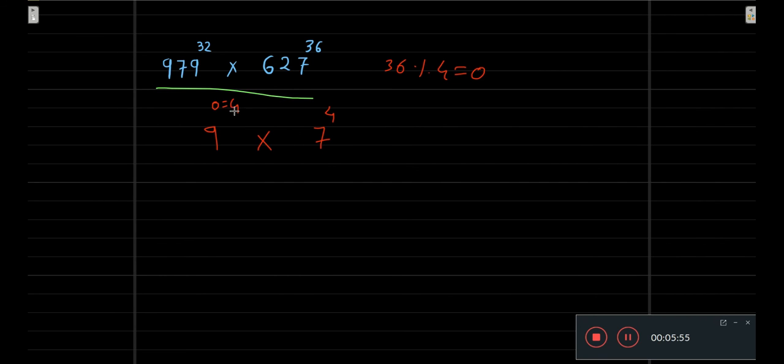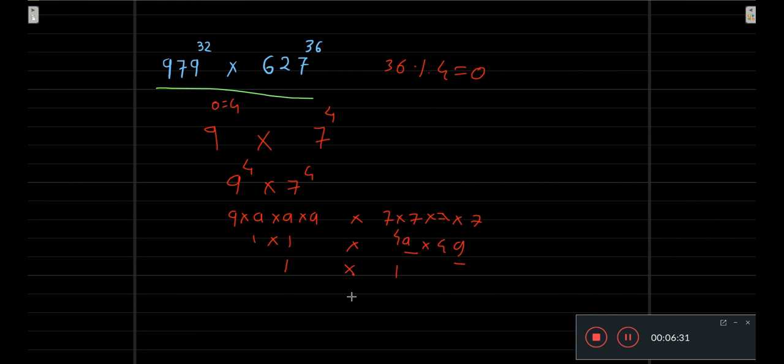So now 9 to the power 4. If you find this hard, you can write 9 into 9 into 9 into 9 multiplied by 7 into 7 into 7 into 7. 9 into 9 is 81, so the unit digit is 1, and 1 into 1 is 1. For the 7s, 7 into 7 is 49, and 49 into 49 ends in 9 into 9, which is 1.